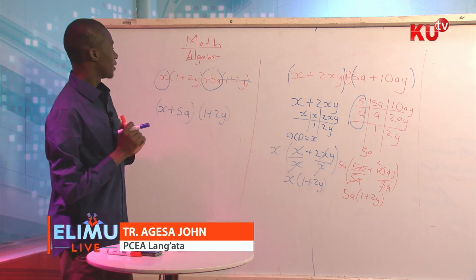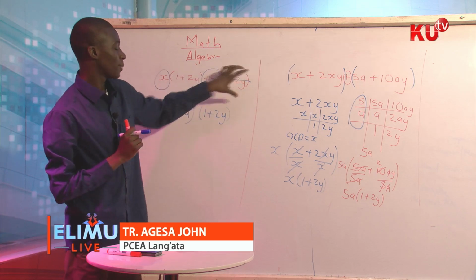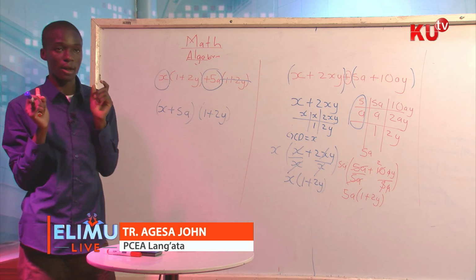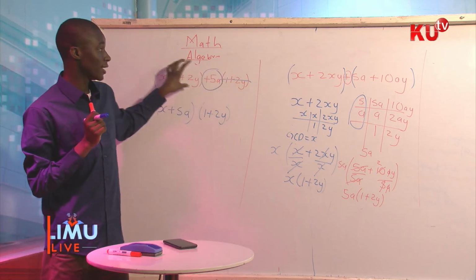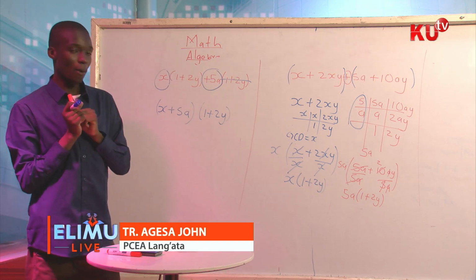Now, once you've obtained the 2 parts, you ignore one of the parts because the 2 parts are supposed to be identical if you are to factorize out the 2 parts very well. So if you get to this part and you realize that the 2 parts are not identical, it means you are having an error and you have to go back to your work.